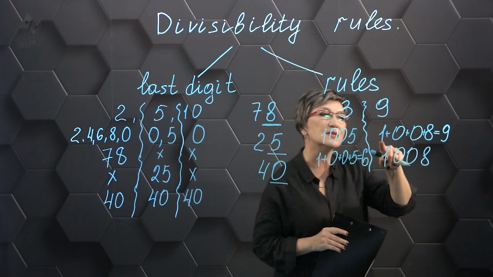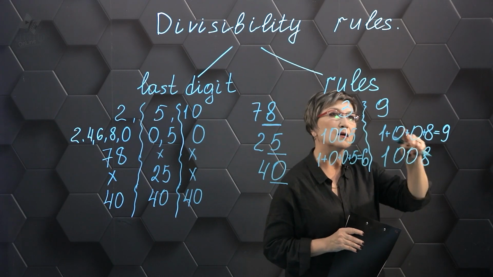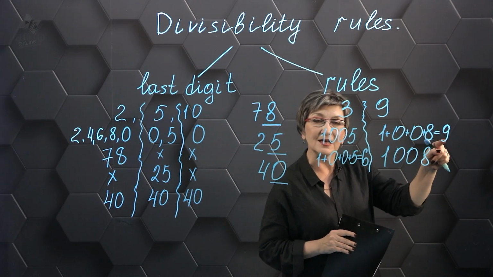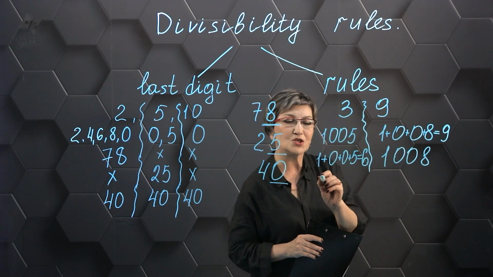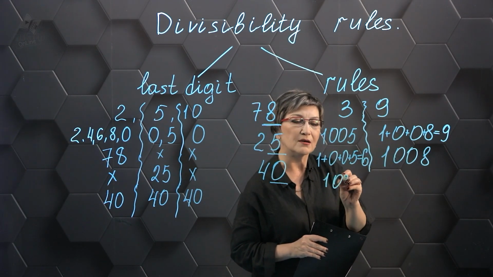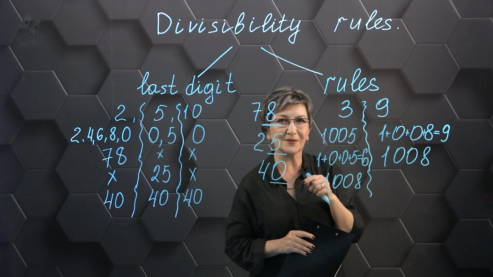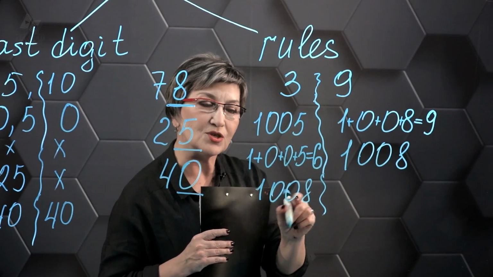But if I find the sum of the digits of this number, I get 9. And 9 can also be divided by 3. Therefore, the number 1008 can be divided by 3. Notice that in the number 1008, the last digit is 8.